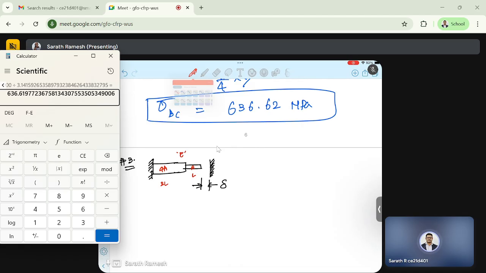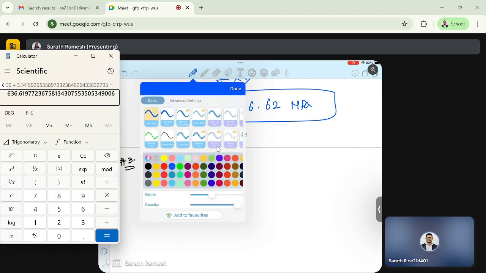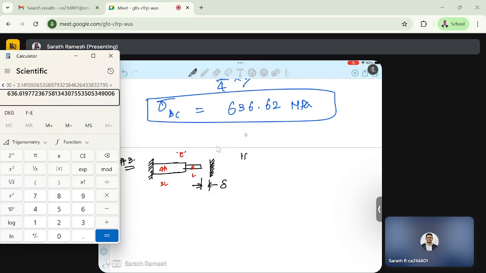We need to find, if the gap delta is equal to 1 mm, what is the displacement of B, that is delta B, equal to what? Where is B here? Same, this is A, this is B, and this is C. Okay.